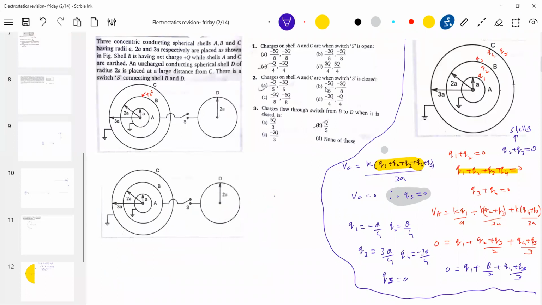We'll have minus q by 4, q by 4, 3q by 4, minus 3q by 4, and here it is 0. Okay, fine, and that one is anyway neutral.